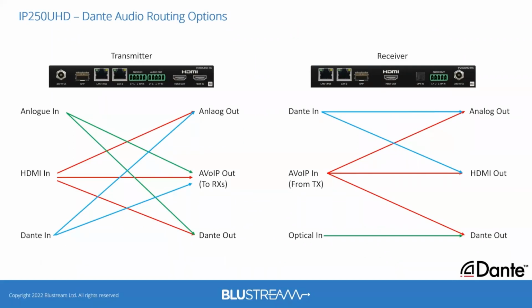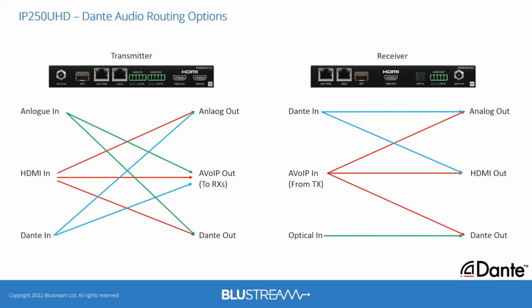This is all possible because of our use of the Ultimo chip, which also helps to keep our costs down and allow us to offer this at a fantastic value versus what many of our competitors can achieve. The biggest advantage here is that we're able to patch HDMI audio directly into the Dante network, as well as embed or take over the audio from an HDMI source and replace it with a Dante audio stream.